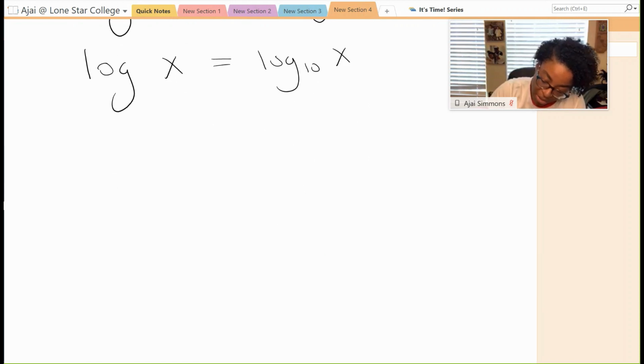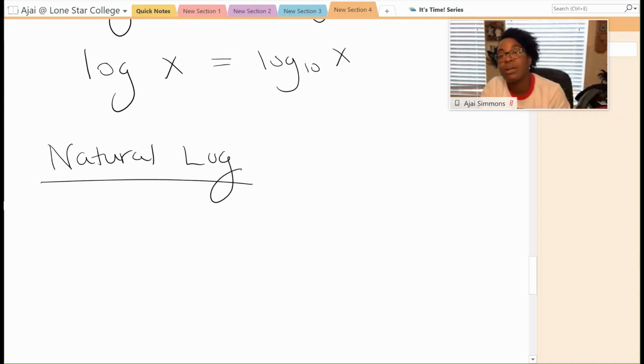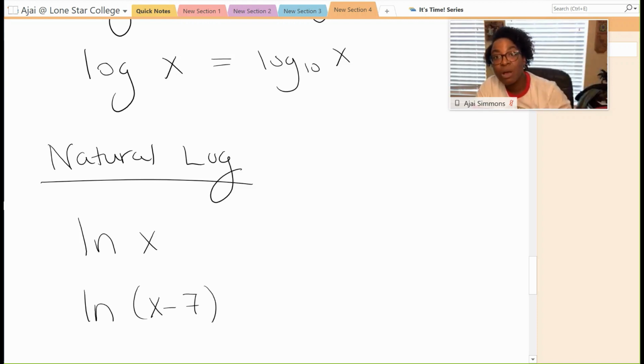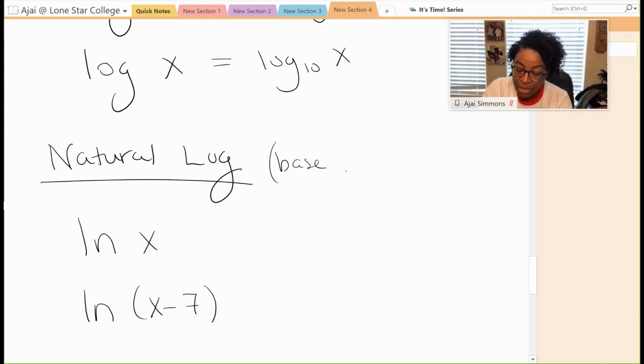So another log that is used is called the natural log. Now, natural log looks like this: ln x, ln x minus 7. Okay, ln, you saw me use that earlier in the video. If you see ln, it is called a natural log, and the base of a natural log is going to be the exponential constant e.